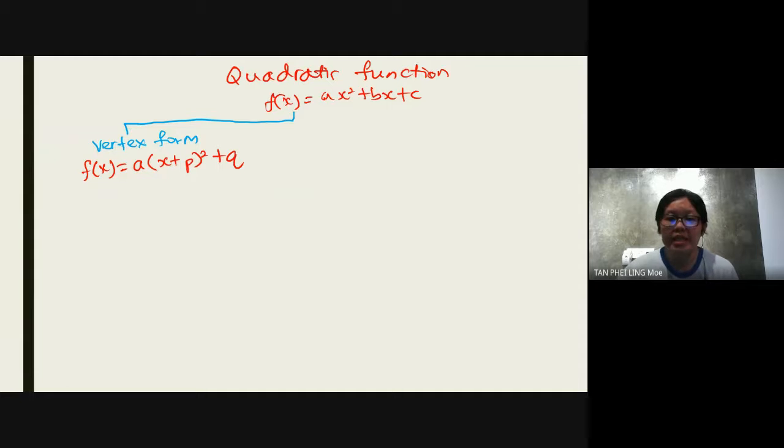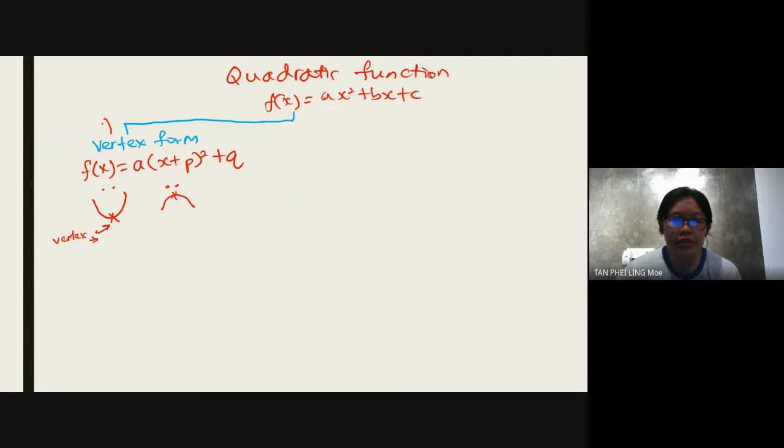What does it mean by it can give you the vertex? The vertex will be either a happy face or a sad face, right? So this is called the vertex form because you are able to tell what the vertex is.